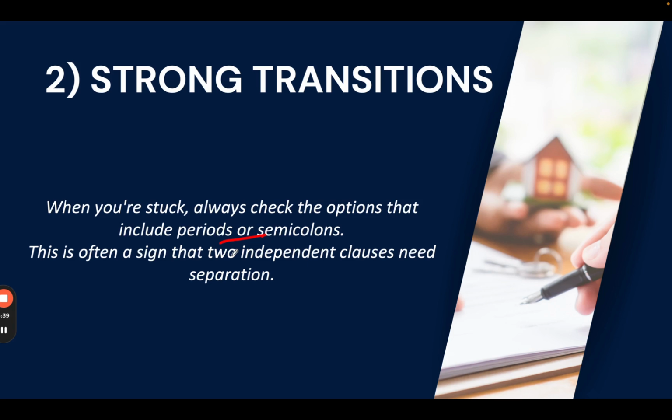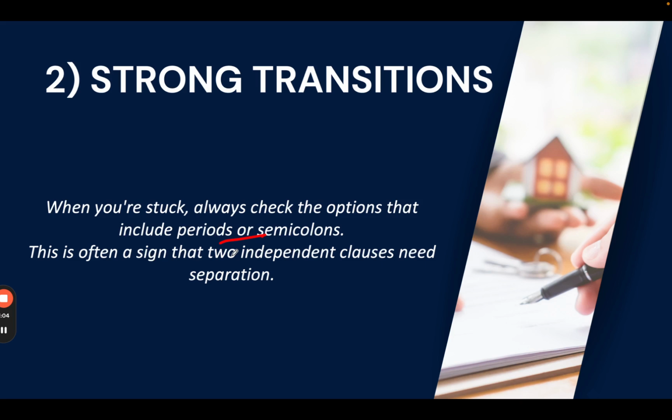That identification is much easier than identifying where a comma should be placed. So if an option is given to you with a period or a semicolon in it, quickly try to eliminate that option. See if you're able to eliminate that option by reading the sentence and identifying where the sentence is starting from and where the sentence is ending at. Correct? So try and eliminate the options with periods or semicolons first and then move on to the options with other punctuations in it.